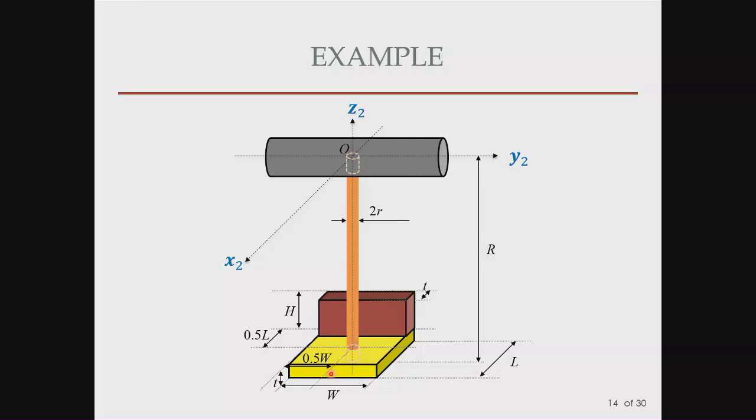And then you need to find this vector, the distance vector from point O to the center of mass of this part, and use these delta x, delta y, delta z components to populate this matrix.